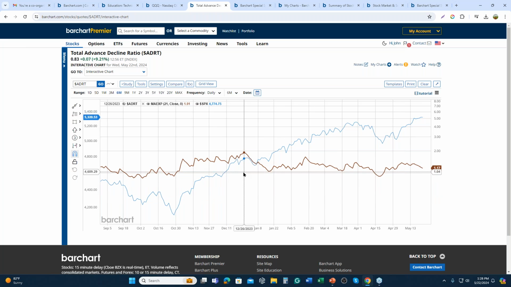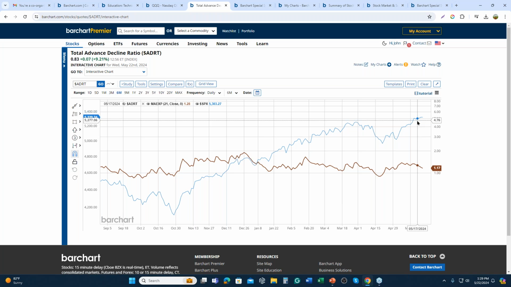And again, what do we see? An advancing market that has a positive advance decline ratio for a long period of time. Now, what did we see here? Well, there's that correction, right? We had that correction where the advance decline line briefly fell below that 1 value and then quickly recovered it, and then our trend was continuing.